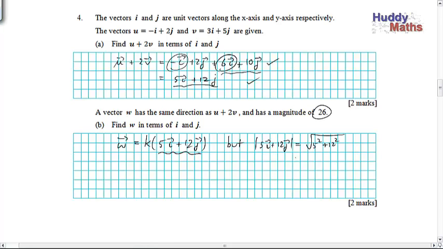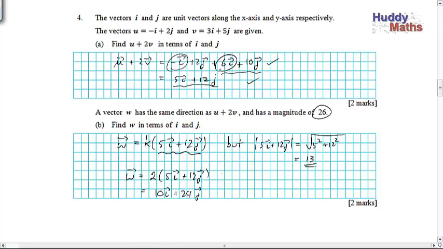Remember that, the length of a vector. Square root of 169 is 13. That's a Pythagorean triple. So therefore, if w is going to have length 26, w equals 2 lots of 13, doesn't it, to make 26? So it looks like that, which is 10i plus 24j.